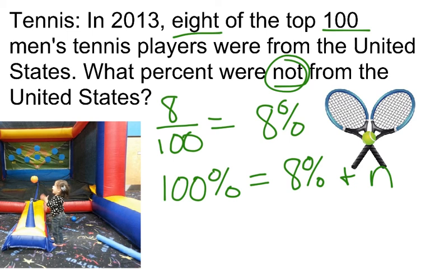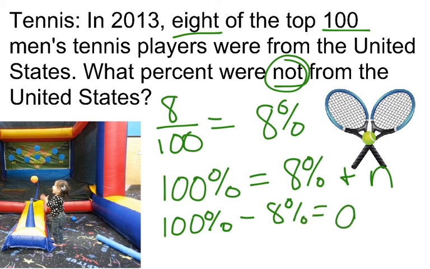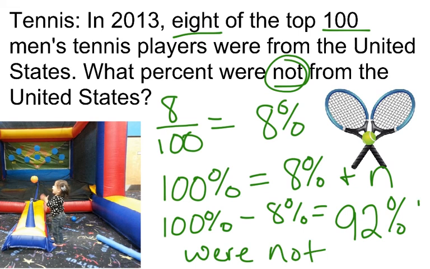And hopefully you know your algebra and you can use reversibility to subtract 100% minus 8%, which means that 92% were not from the United States.